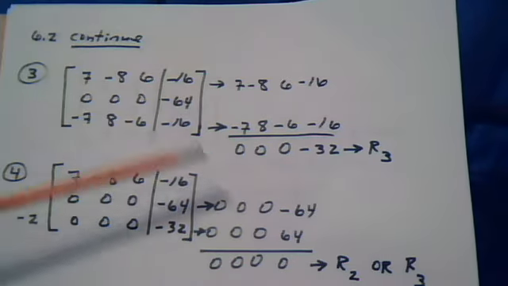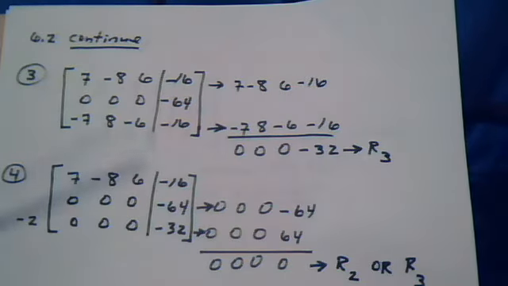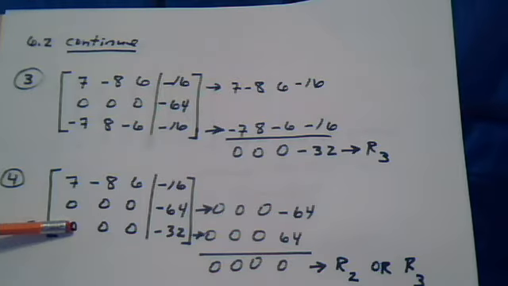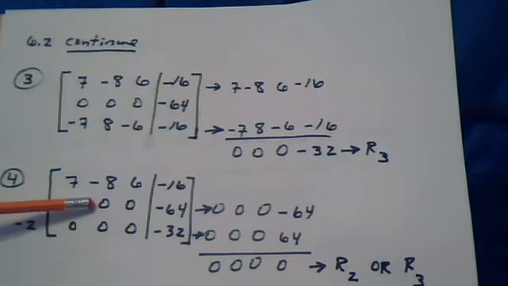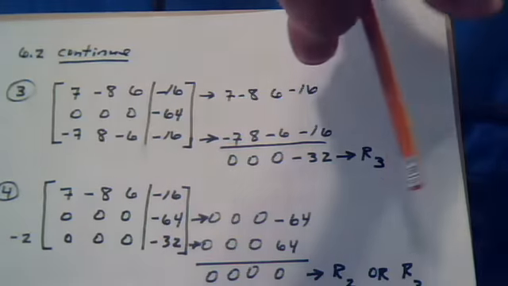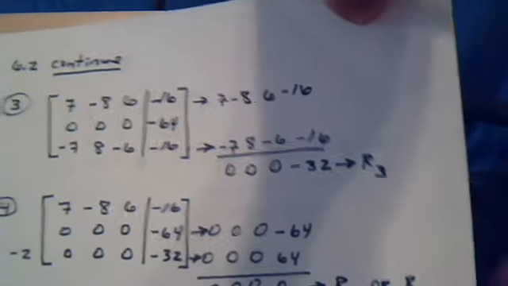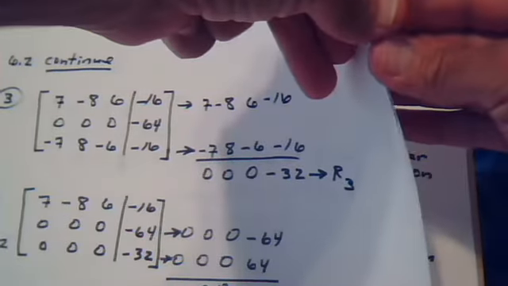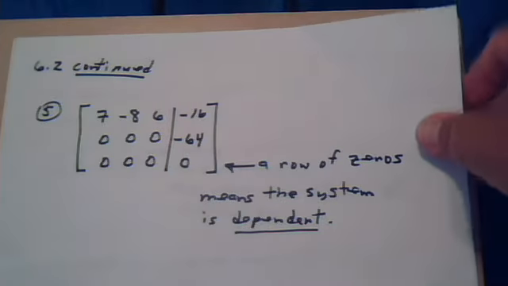You could replace any of the rows that were used. So if you use row 2 and 3, you could replace any of those. But we wanted to replace row 3 to get our 3 zeros here. So replace row 3. And this is what it looks like.